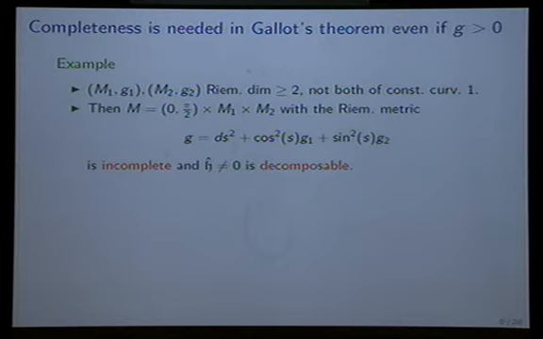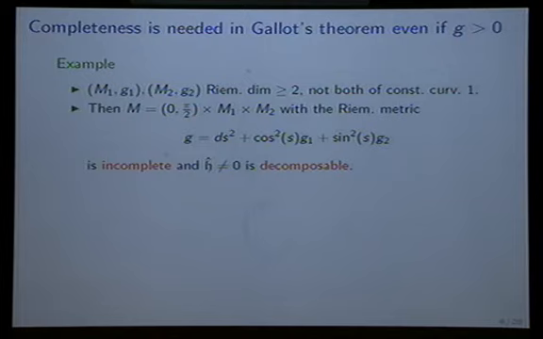Then we can consider this product, M1 cross M2 cross an interval, 0 to pi over 2, with this particular Riemannian metric. It is a sort of double warped product with sine and cosine functions here. And this metric is incomplete, so you can consider the radial lines with the parameter s going to 0, and this will approach the singularity in finite time, so this is incomplete.